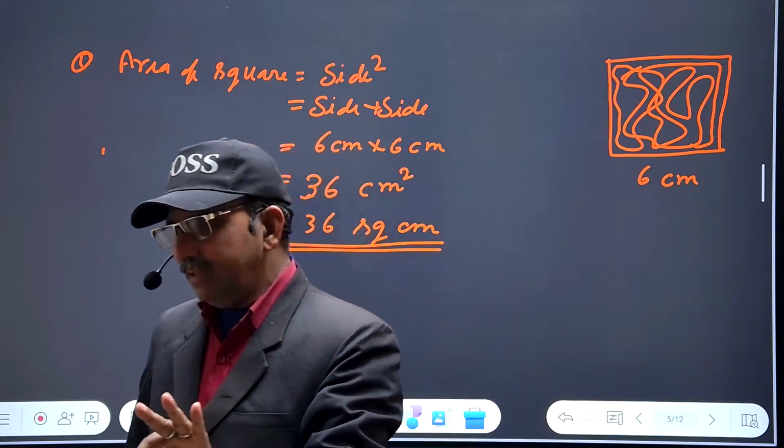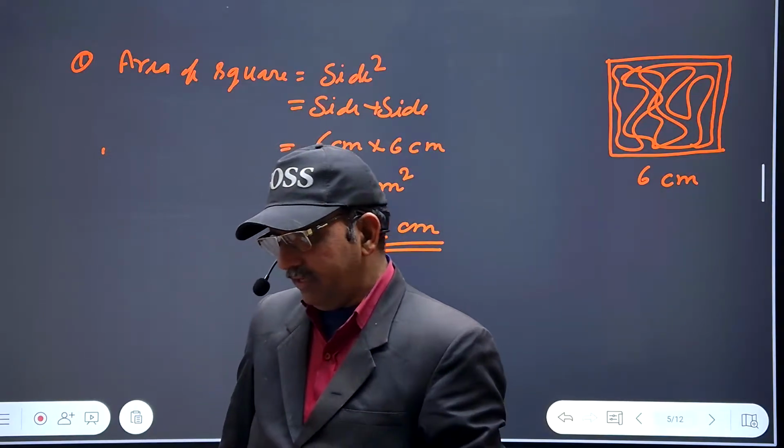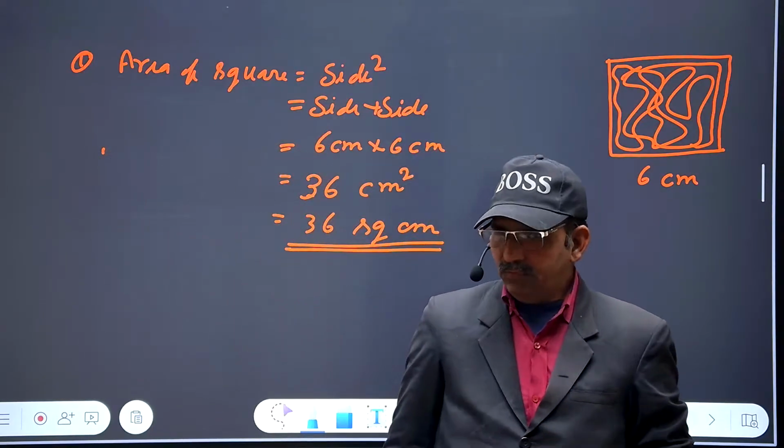So if the side is given, you can find out the area. If the area is given, then I will find out the side of a square. So you will apply the formula also, right?